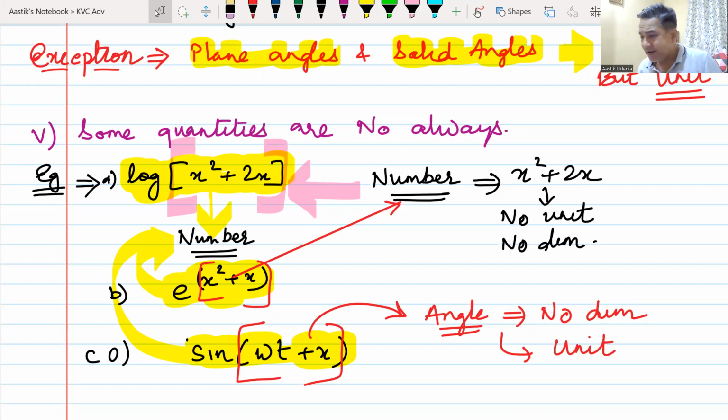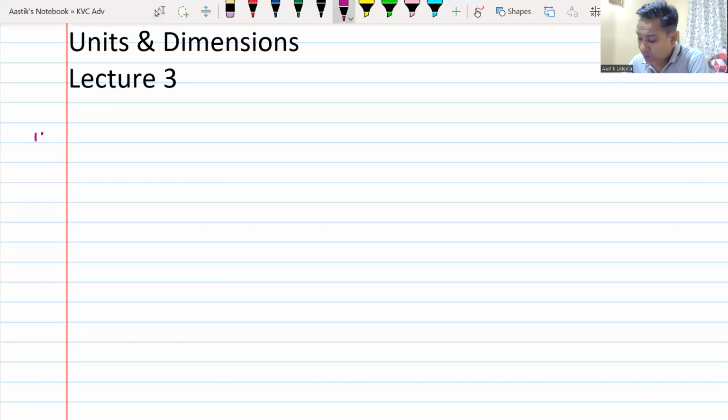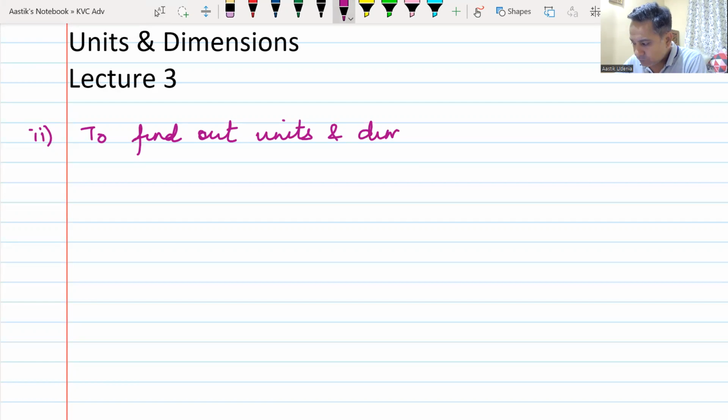Now, keeping these things in mind, we are going to look into the second use of dimension analysis. The first use was converting quantities from one unit to other. The second use of dimension analysis is, and I hope everyone is writing, to find out the units and dimensions of unknown physical quantities.